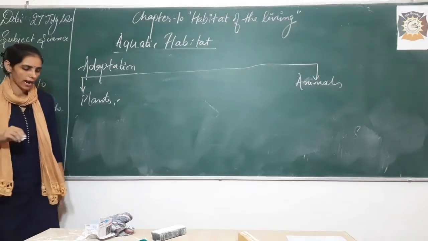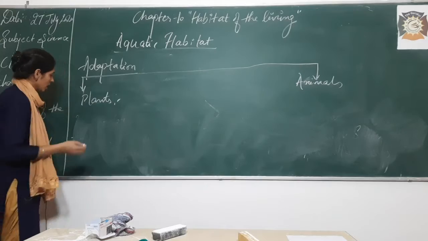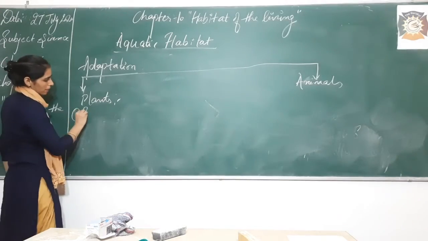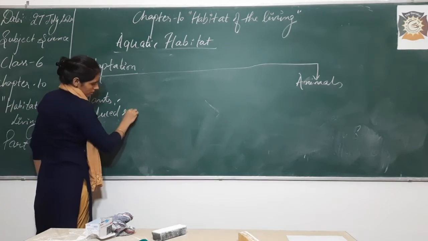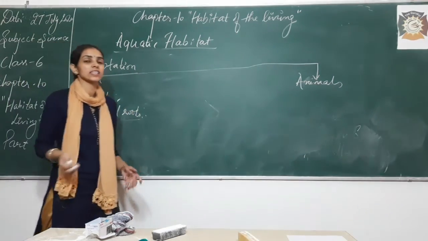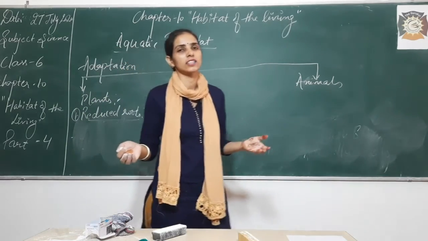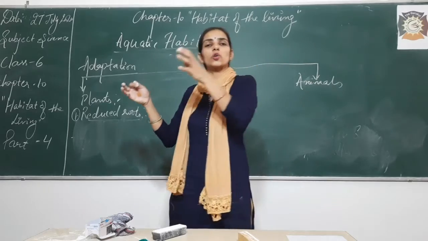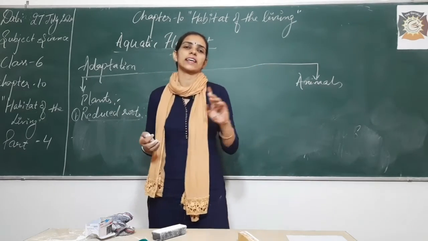If we talk about plants, we can say they have reduced roots. First adaptation is their reduced roots. Now why reduced roots? Because the water is easily available to them. Already they are living inside water, so they don't need to go deeper as in the case of soil.